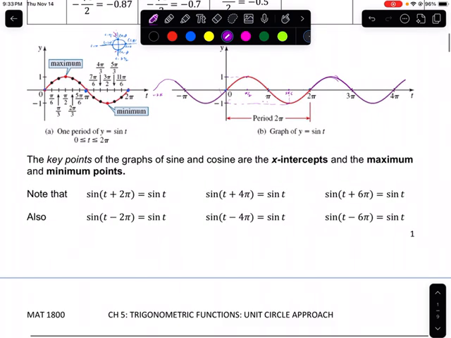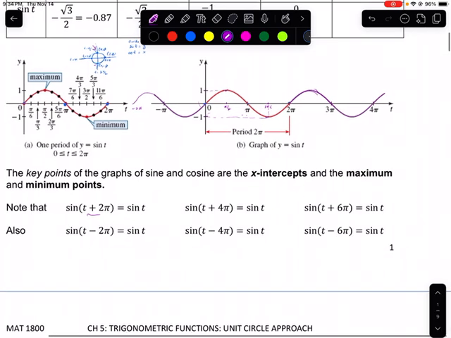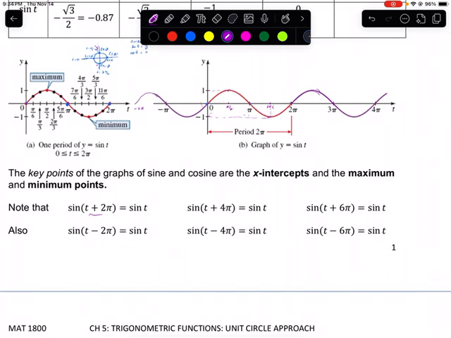Also note that if we do sine of t plus 2 pi, remember what this is? This is a shift to the left by 2 pi units. If I move the graph left 2 pi, we are moving the point at negative 2 pi over to 0, or you can say we are moving the point at 2 pi to 0. So what will happen?